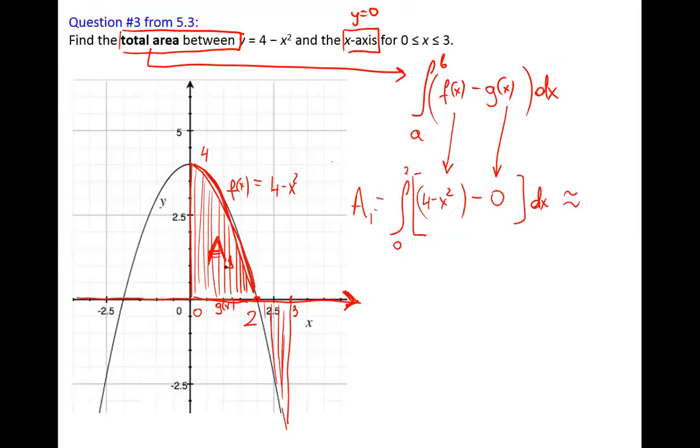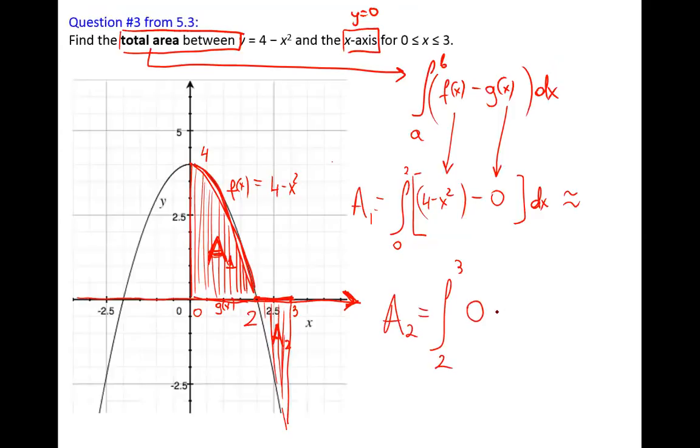Okay. And now let's try to define the integral for the second part. Now we can see between 2 and 3, actually the x-axis is the function with the highest value.